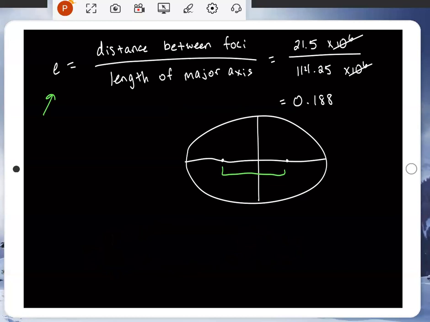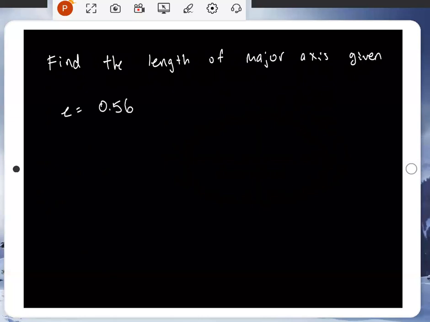You might also see a question where you have to find one of the other quantities, like the length of the major axis, given the eccentricity and the distance between the foci. Given E is equal to 0.56 and the distance between foci, whatever. If it's actually planets, then sure, 18 million. And if this is true, what's the equation that relates everything?